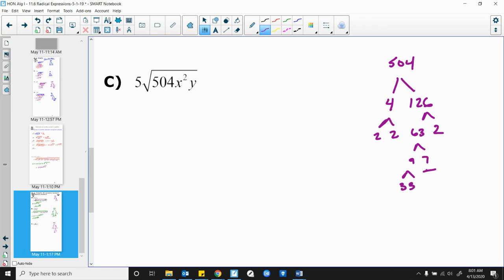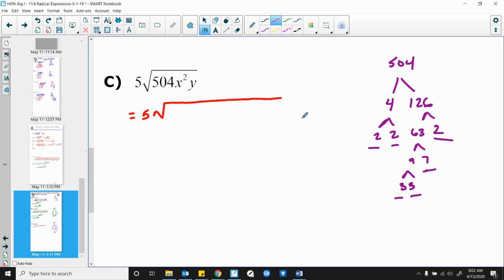And then we've got all primes, right? 2 and 2, 3 and 3, 7 and 2. Okay, all our ends are primes. So we're going to first start by writing that all out. A key part of this is to make sure you don't forget to include this 5 still. So this is still going to equal 5 and then square root.